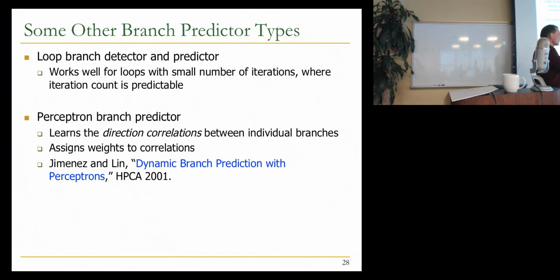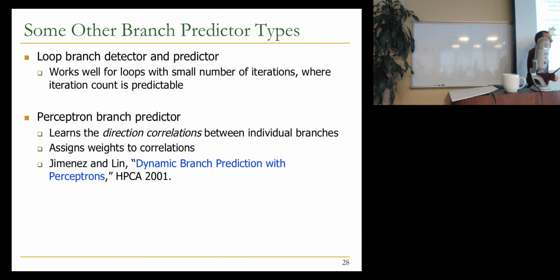So use the direction this 8th previous branch went as an indicator of the direction of the current branch that you're predicting. Why? Because they may be testing almost the same condition, right? They depend on each other based on my examples. Whereas the other branches in the history may have nothing to do with the prediction for this current branch.